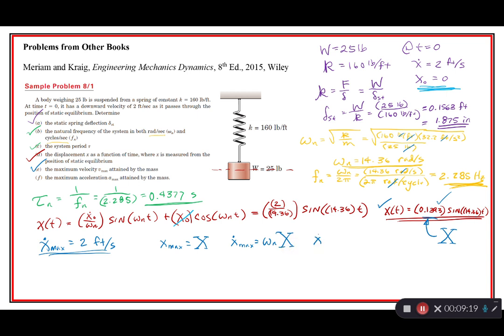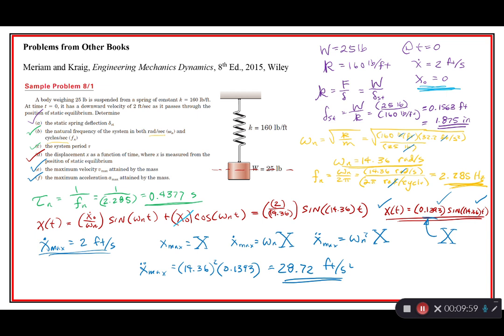So the maximum acceleration is going to be omega n squared times x max, because we would take the derivative of this thing twice. So that is 14.36 squared times 0.1393, and we get 28.72 feet per second squared, which is the answer to this last one.